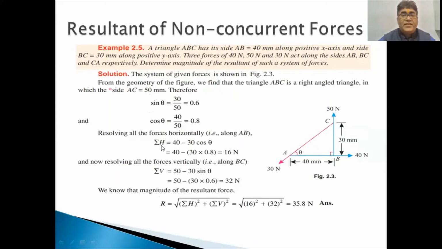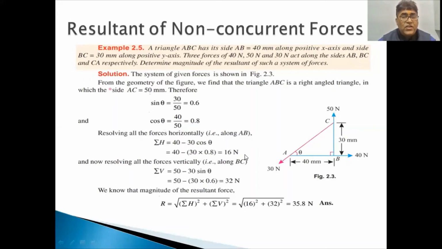Here for summation H, taking the sign convention that a right-hand side force is positive, a left-hand force will be negative. We don't know angle theta, but we know sine theta and cos theta. So 40 Newton is on the right-hand side, minus 30 Newton, which makes an angle theta with the horizontal.